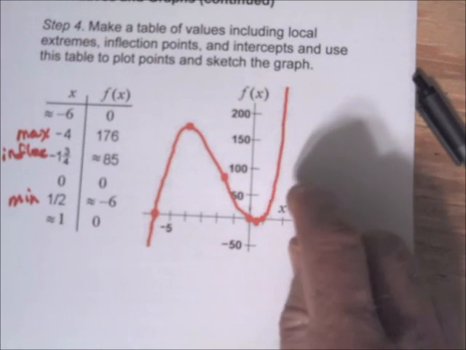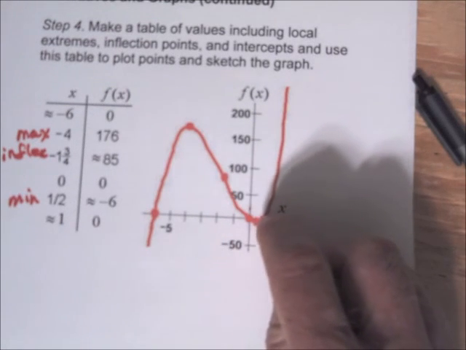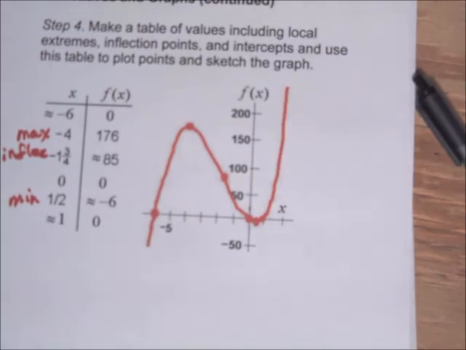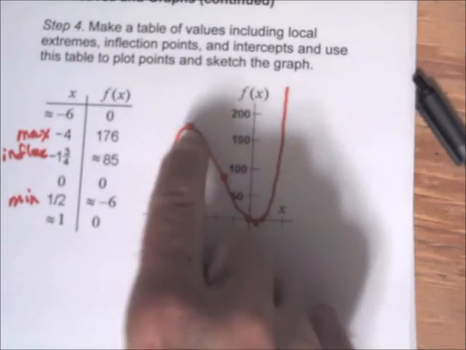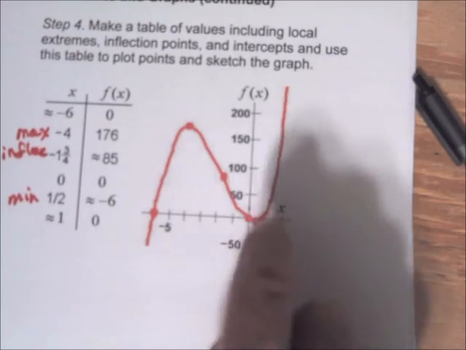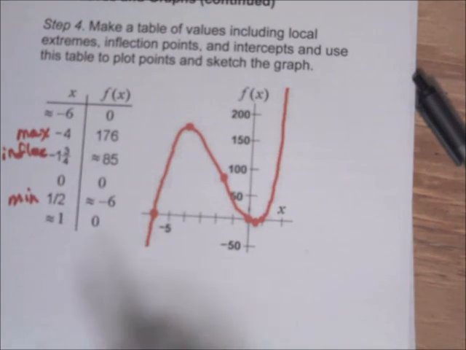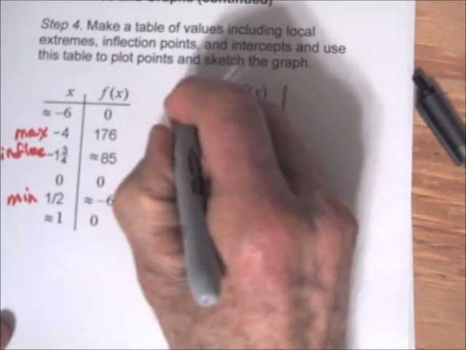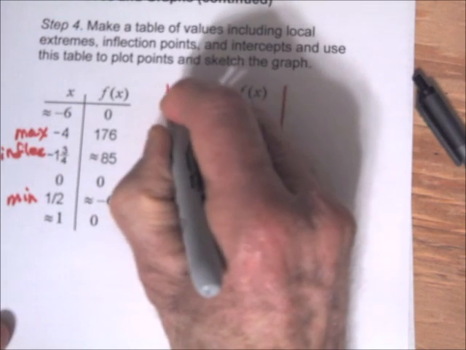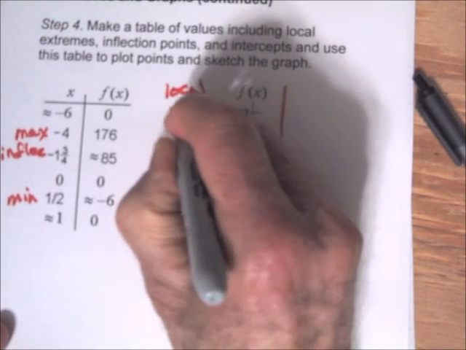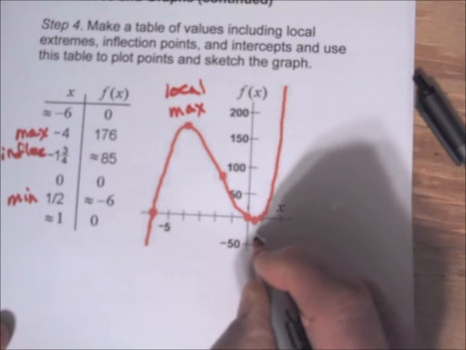And you have the 1, 2, 3 intercepts, and you have the local max and local min. There's a local min here.